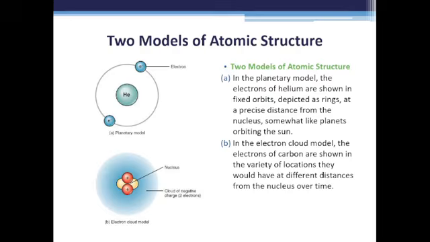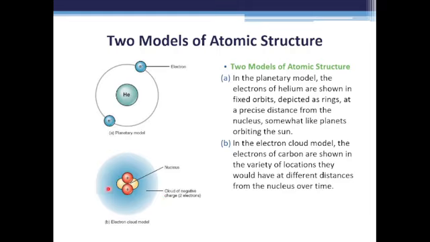Next is the electron cloud model. This model is more accurate. Instead of fixed paths as in the planetary model, electrons move rapidly in regions we call the electron cloud.